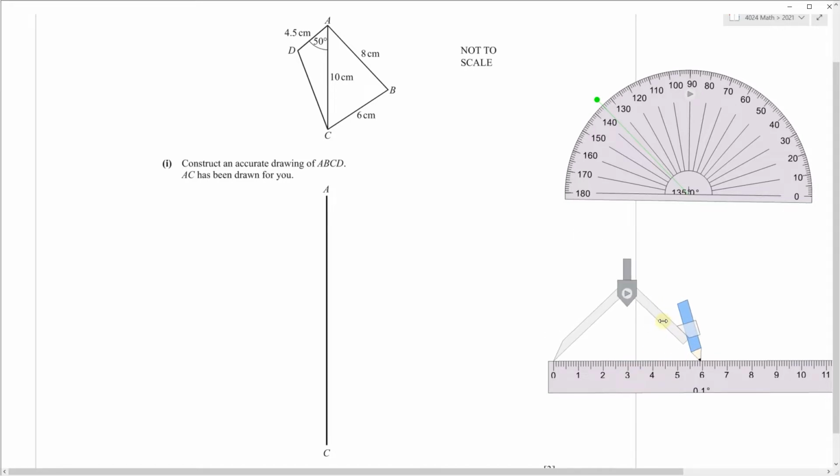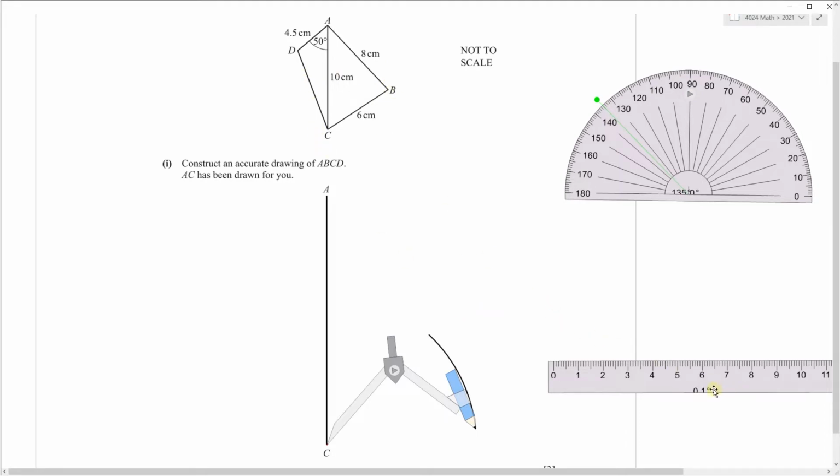So 6 will be almost this. All right. Center our compass at point C, and then we will draw an arc on this side where B is located.